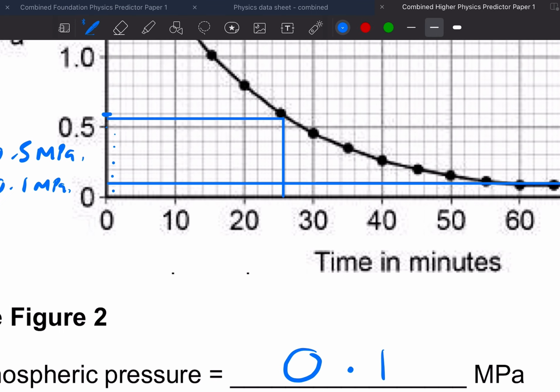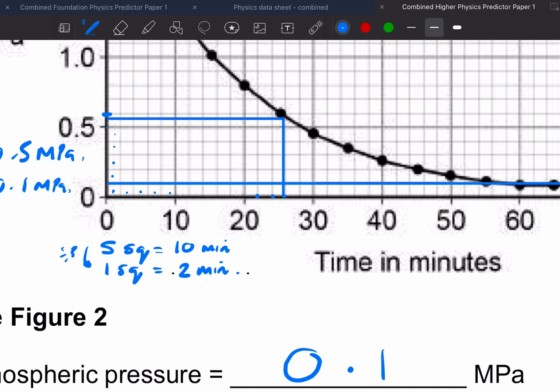So we haven't got one yet. So we've got 1, 2, 3, 4, 5 squares is equal to 10 minutes. So 1 square divided by 5 is equal to 2 minutes. So we've got 22, 24, 26.